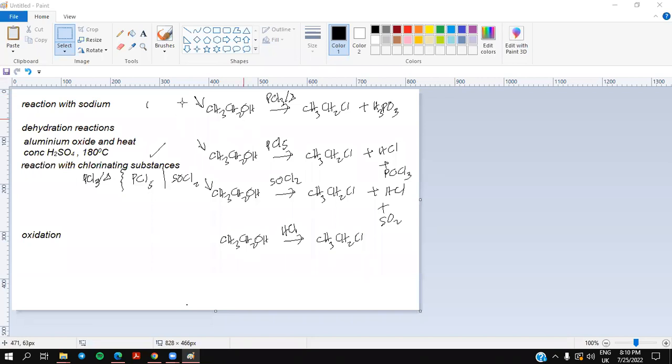So up here, number 1, if I say A, it is a reaction of alcohols with PCl3, giving a halogenoalkane and H3PO3. If you react this alcohol with PCl5, then we get the same halogenoalkane, HCl plus POCl3.